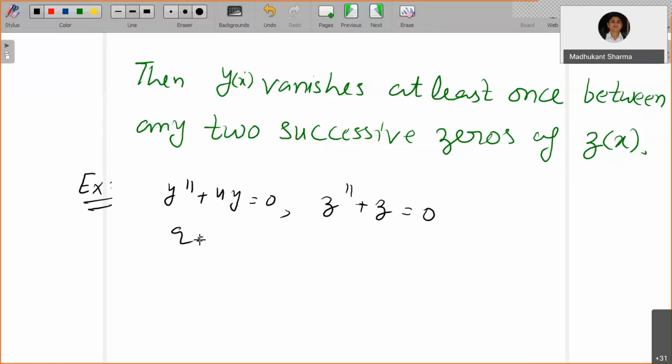So q is equal to 4, r is equal to 1, and 4 is greater than 1. So this satisfies both conditions of the Sturm comparison theorem, and that guarantees the result.